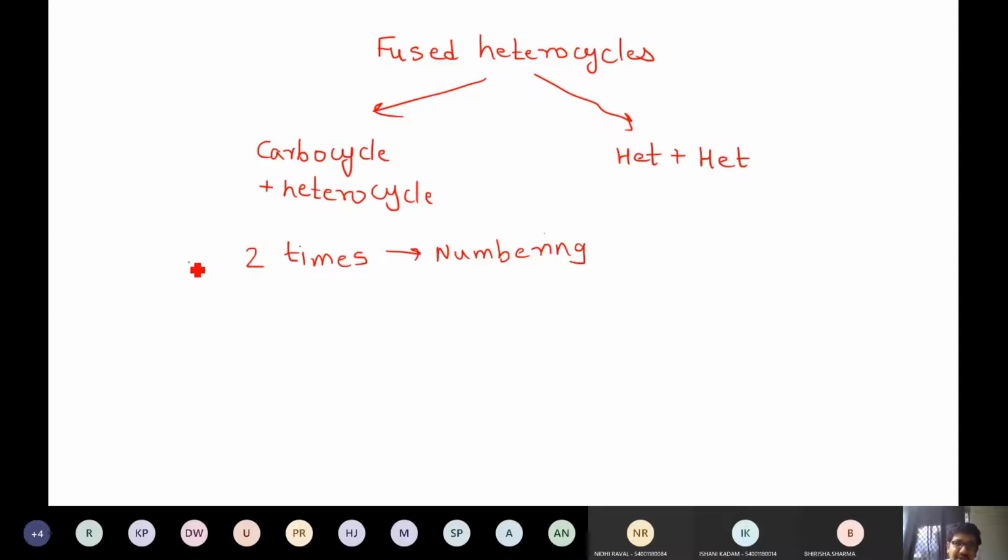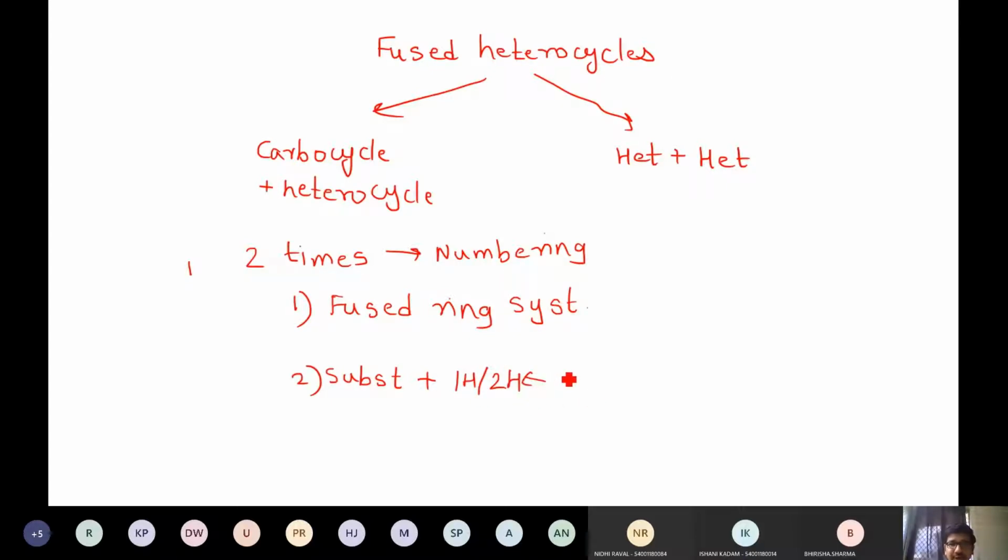So can someone tell me what are these two numberings that we do in this type of heterocycle? One we do with the base and attached component, I remember, and then the whole molecule, I guess. So the first numbering is employed to define the fused ring system itself. Okay, and the second numbering is basically used for substituents, as well as you must have come across 1H, 2H, something like that, right?